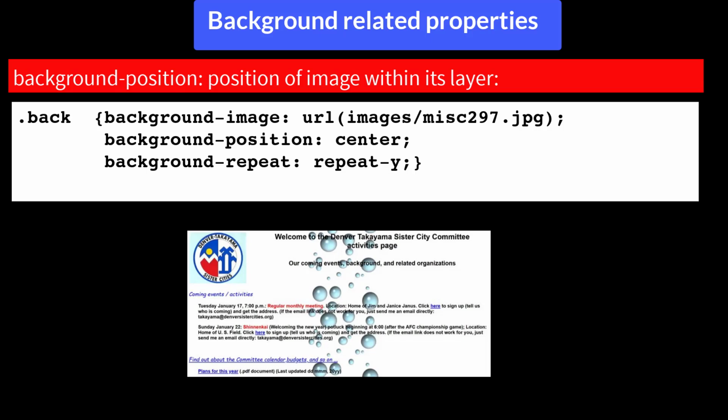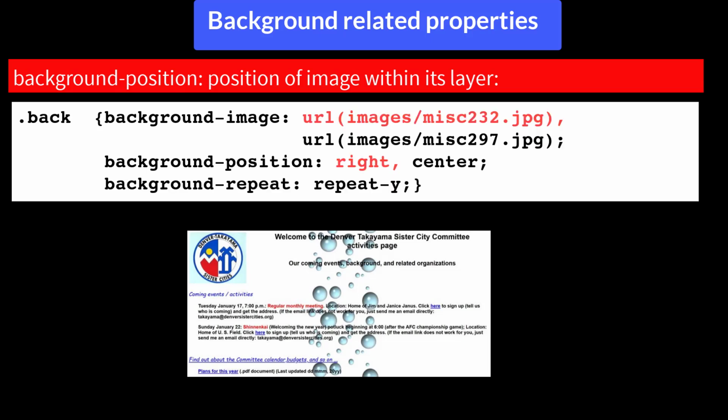This property might be especially useful if you have multiple images, thus multiple layers, and then position each image in its layer so collectively they set up the feeling you're after. For example, just expanding the previous example by adding one image and positioning it on the right. So now, here's our first example with two background images.